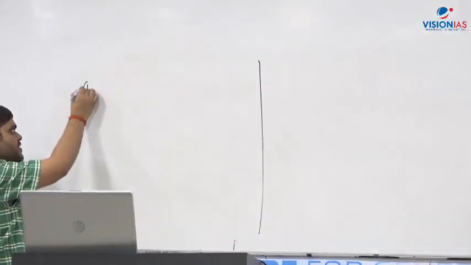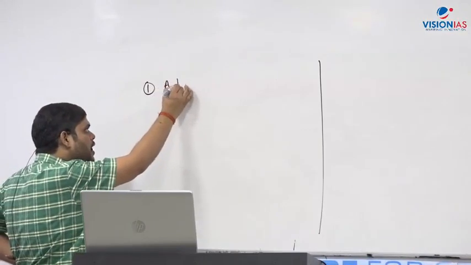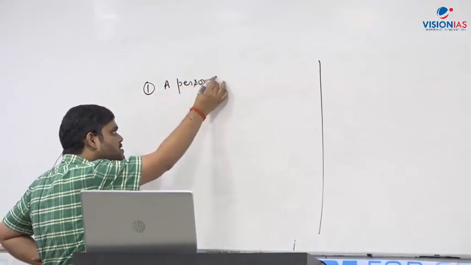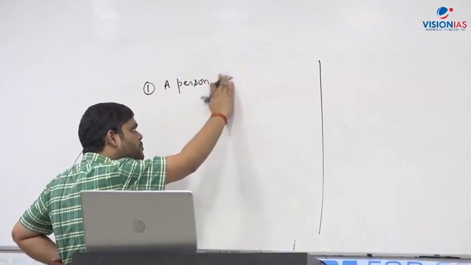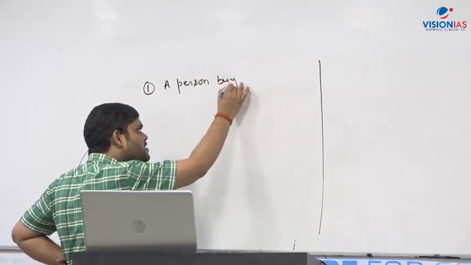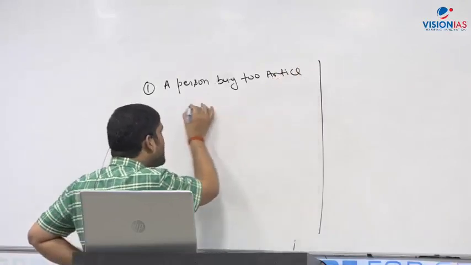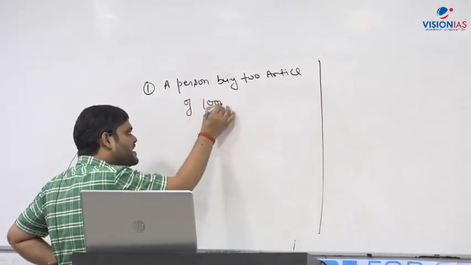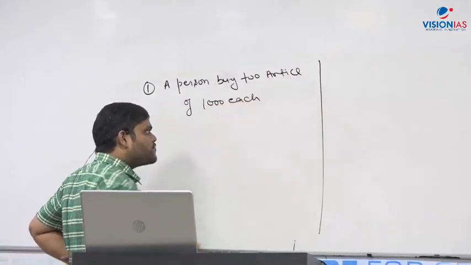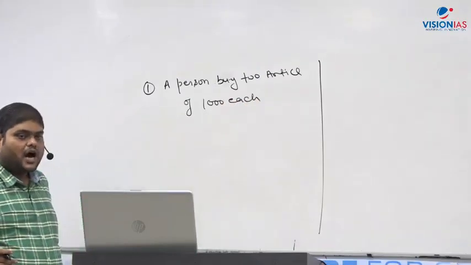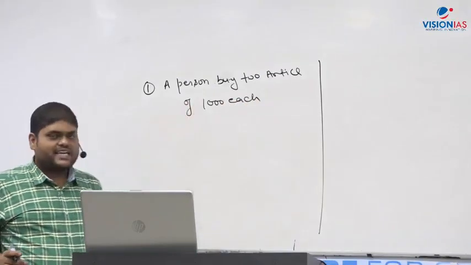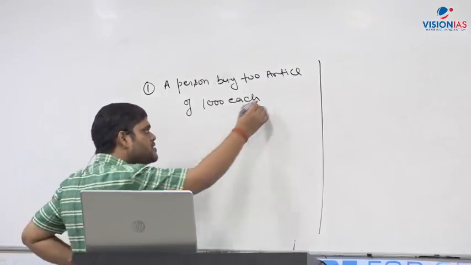On one side, note down: a person buys 2 articles of 1,000 each.